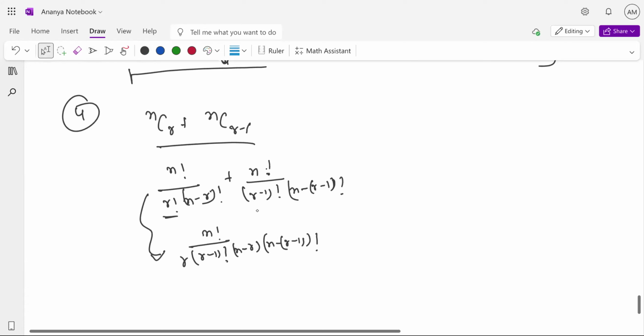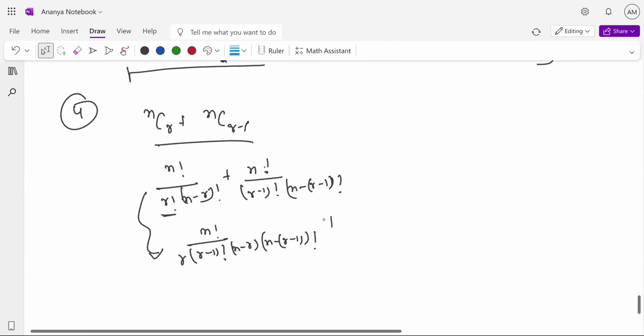Yes, sir. Now if you see, I have the whole of this component in this part. So can I take the whole thing as a constant itself? Yes, sir. Okay. I'll try to take that as a constant. So what will I be left with? First write this expression again, r minus 1 factorial, n minus r minus 1 factorial.